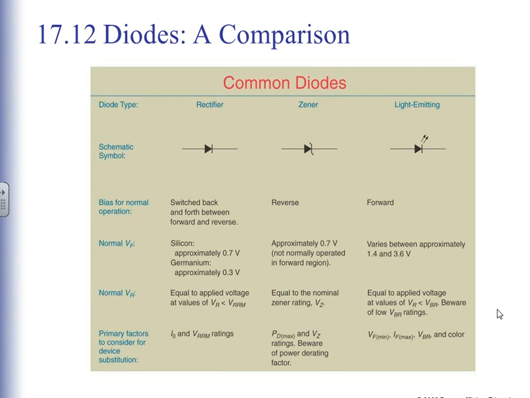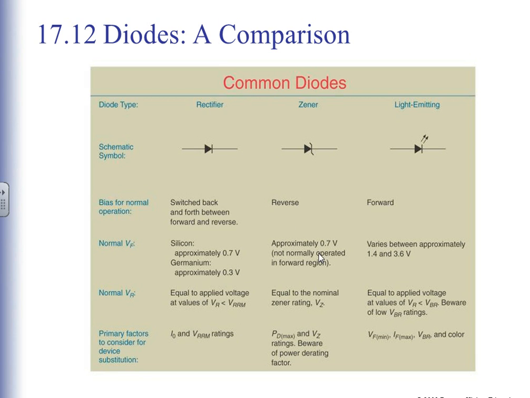So here we go, comparison. We have rectifying diodes, we have Zener diodes, we have light emitting diodes. Silicon, germanium. I have different forward operating voltages. So if I need a smaller forward operating voltage, I use germanium.